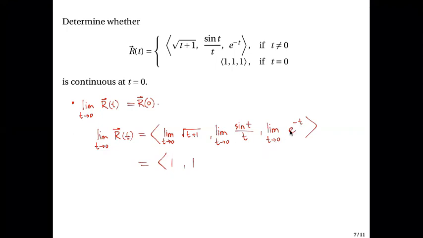As t goes to 0, it becomes e to the 0, and e to the 0 is equal to 1 also. And clearly, this is the vector 1, 1, 1. It's the value of r of t at t equals 0. So therefore, r is continuous at t equals 0.